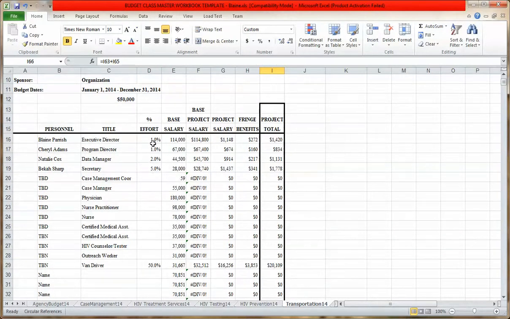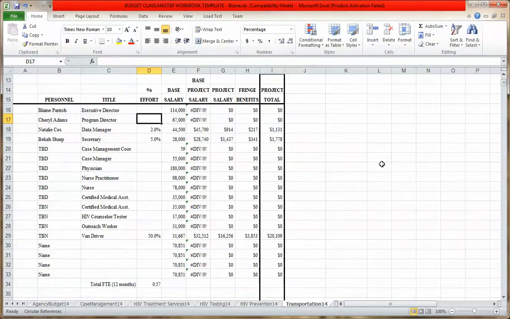One is I can take off our personnel and reduce costs at the bottom somewhere, and assume that even though the executive director would have a responsibility for overseeing all programs, and the program director would as well, this is actually organization money, and so the person is being supervised with our own money instead of showing a funder that they actually have lines of supervision and those people are actually dedicated to those programs, which is one of the reasons why you show funding, to show that that person is actually paid to oversee that. But this is our own money. So I'm going to go ahead and take those two out.